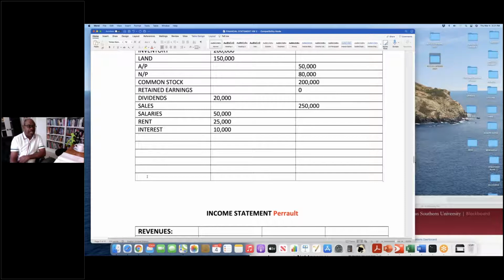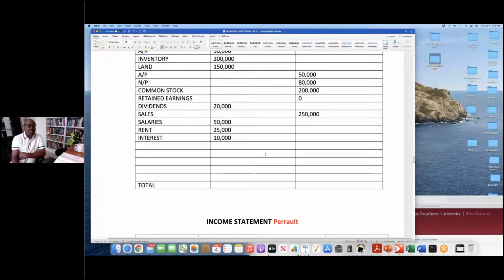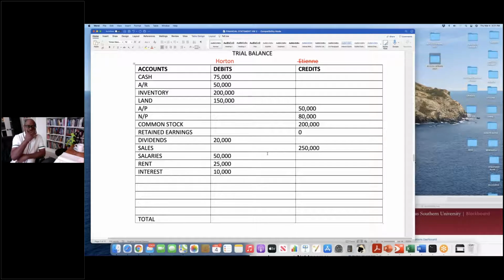Then we come to the bottom and put a total in. What are the total debits? What's the total for the trial balance?